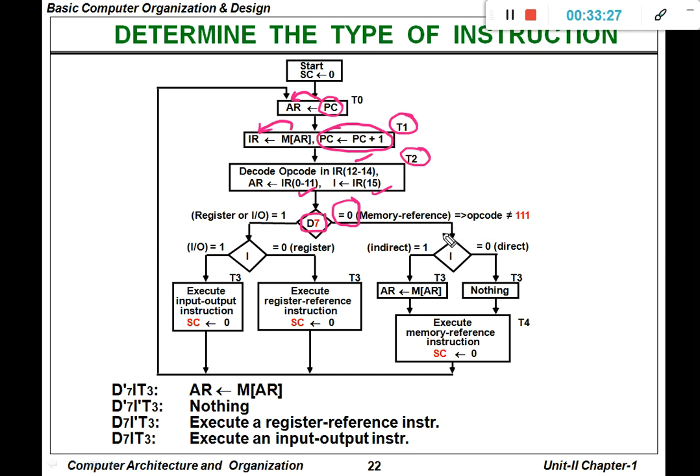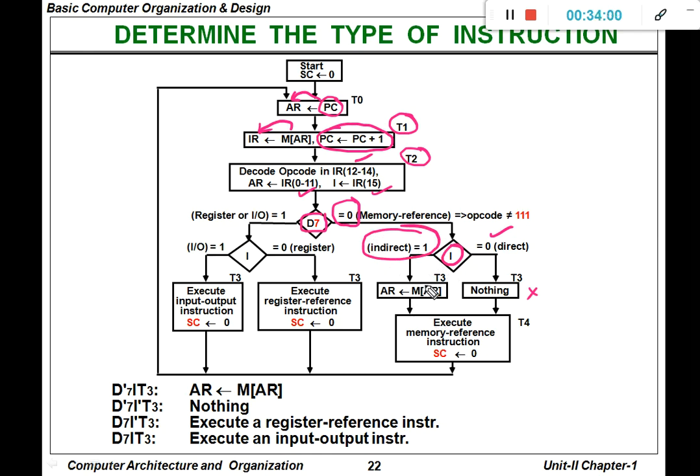In case of a memory reference instruction, based on the I bit, if the I bit is equal to 0, then nothing is done. If the I bit is 1, then we perform the read operation, M of AR assigned to AR.